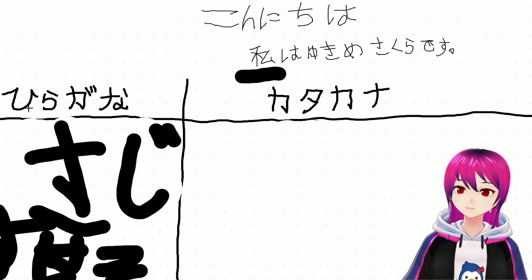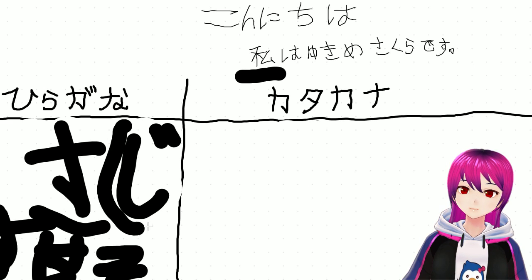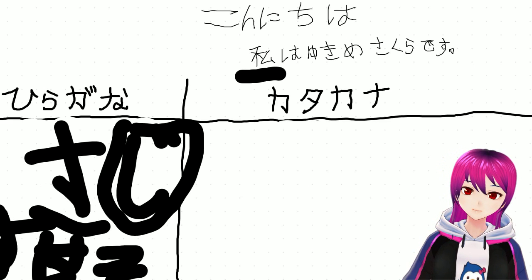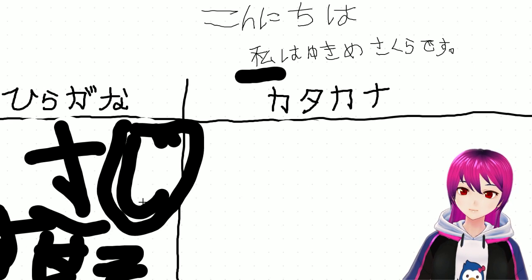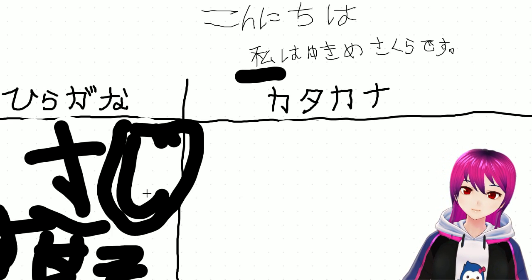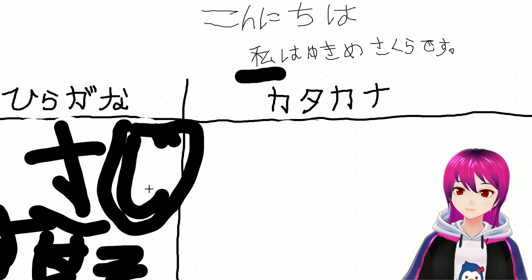All of them but this one. So for sa, su, se, and so, we have za, zu, ze, and zo. But shi, written with an H in the Roman letters, so S, H, and I instead of S, A, S, U, S, E, and S, O, we soften to a J sound.